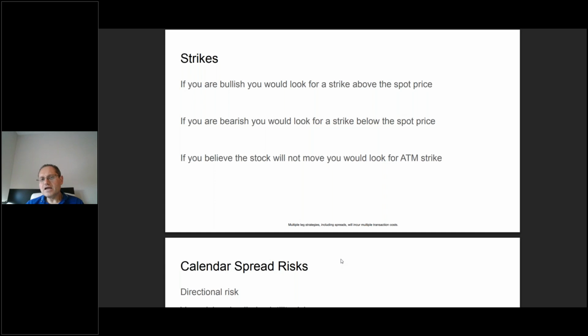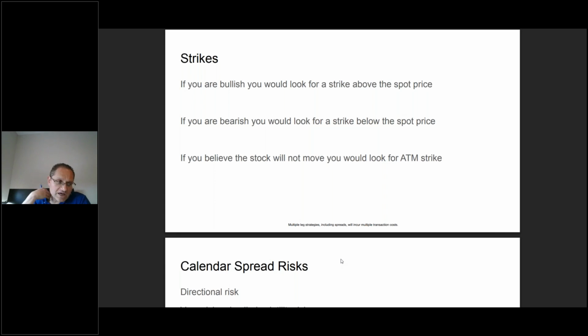And that could play into your outlook on where you think the stock will drift from now to that first expiration. So if you're bullish, you want to pick higher strikes. If you're bearish, you want to pick lower strikes. If you think the stock is going to sit here, you pick the strikes where the stock is currently at.